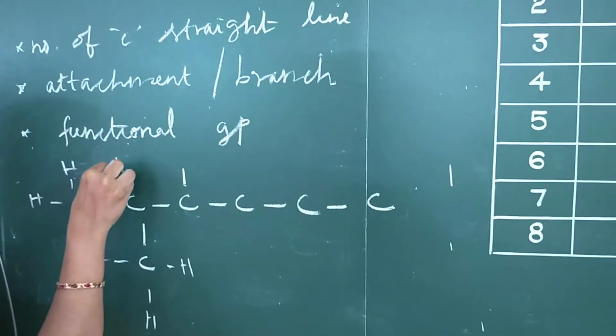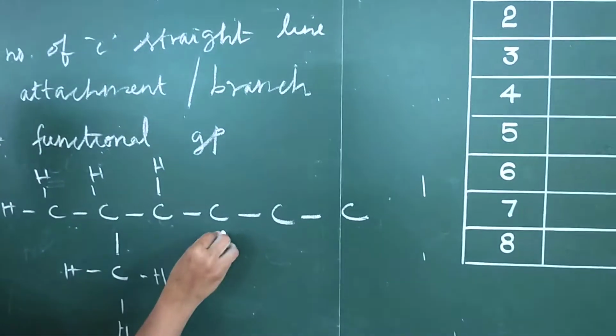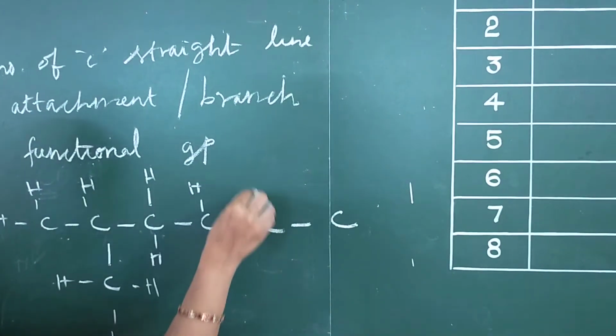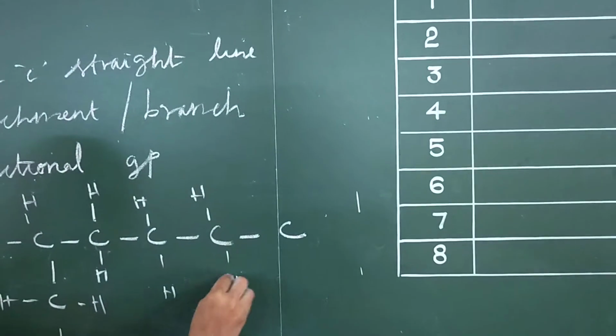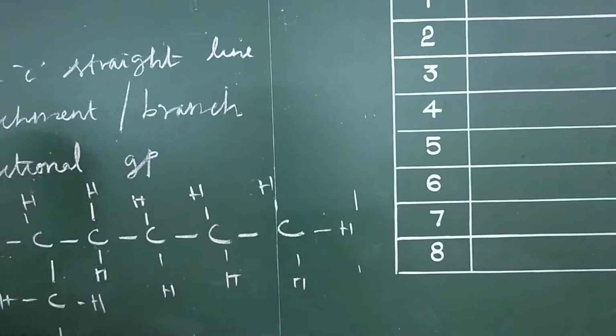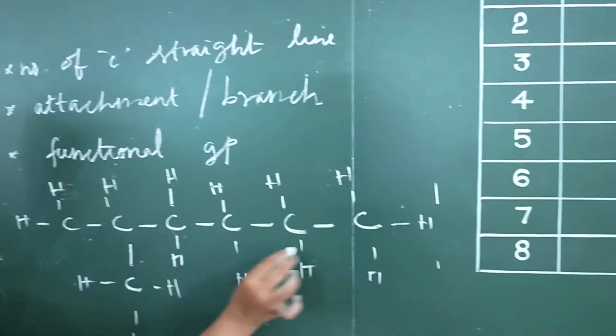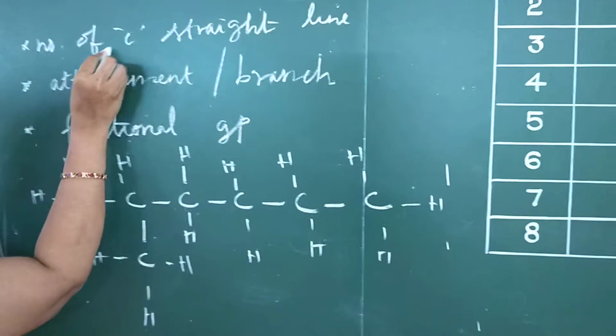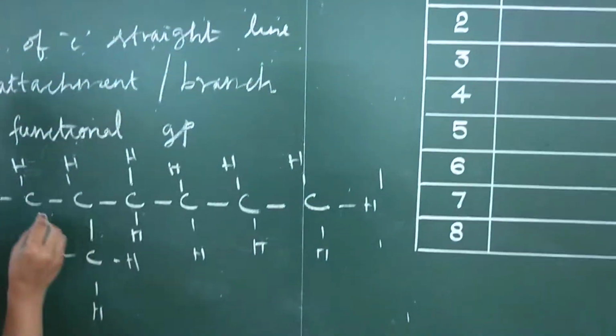In all the places hydrogen is present. Around the carbon, you have to check whether 4 bonds are there or not. Now you have to name the compound. How to name the compound? First, what rule? The number of carbon atoms in a straight line.